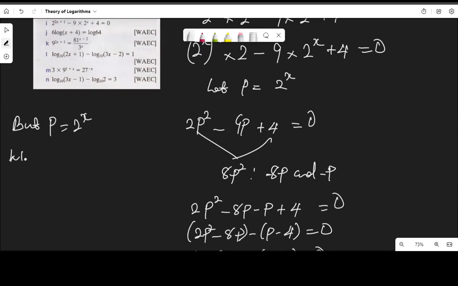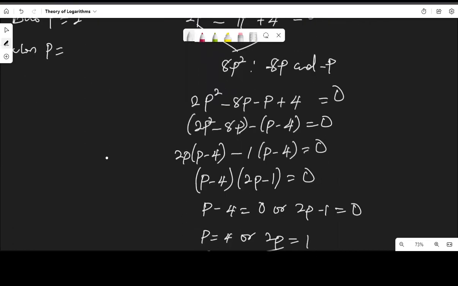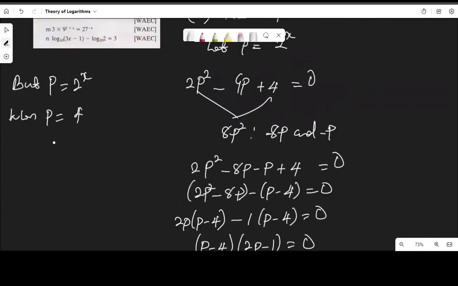So when p is equal to, what are the values of p? 4 or half. When p is equal to 4, that means 2 to the power of x is equal to 4, which implies 2 to the power of x is 2 to the power of 2, 4 expressed in index form. The bases are the same, so we equate the powers. x is equal to 2.